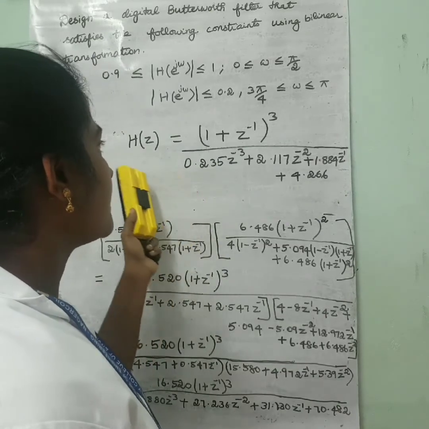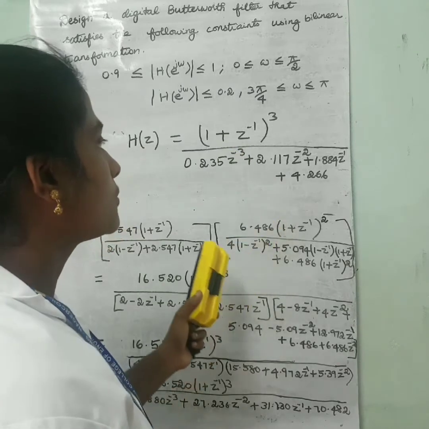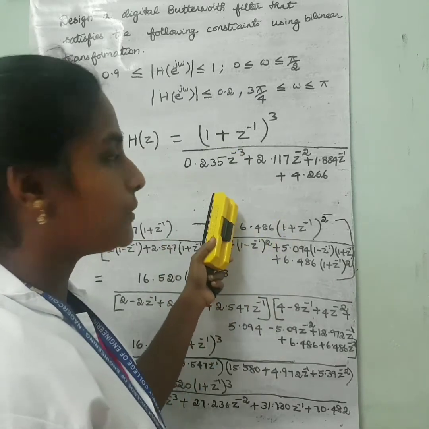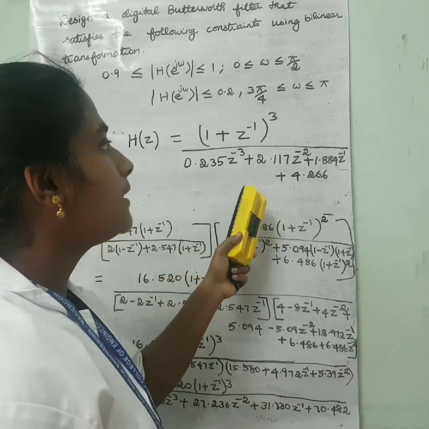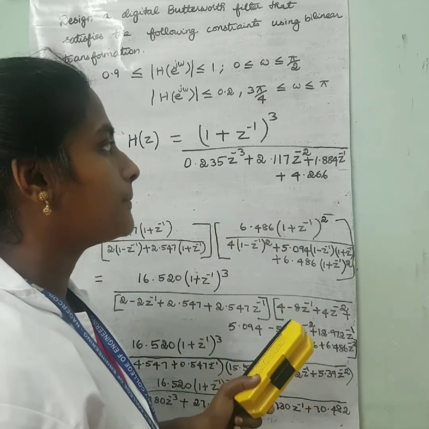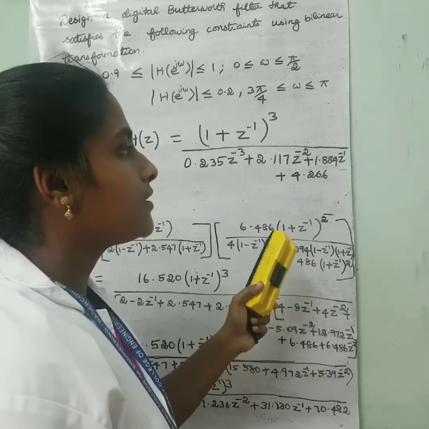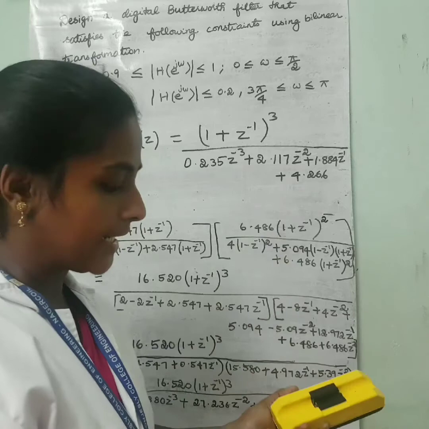Okay, you will get the transfer function like this, that is H of z equal to (1 plus z power minus 1) the whole cube divided by 0.235 into z power minus 3 plus 2.117 z power minus 2 plus 1.884 into z power minus 1 plus 4.266. Now you can again simplify.